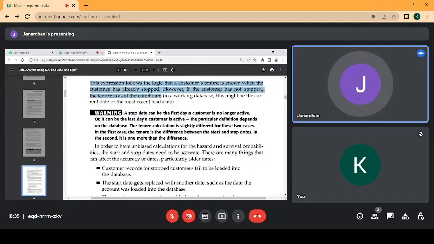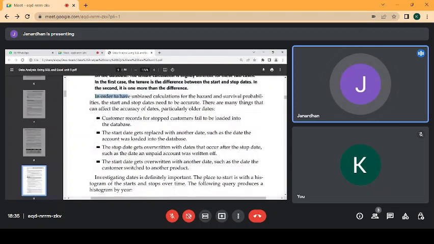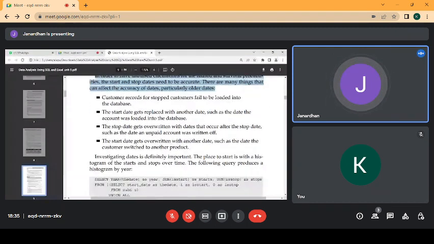In order to have unbiased calculations for the hazard and survival probabilities, the start and stop dates need to be accurate. There are many things that can affect the accuracy of dates, particularly older dates. Customer records for stopped customers fail to be loaded into the database.